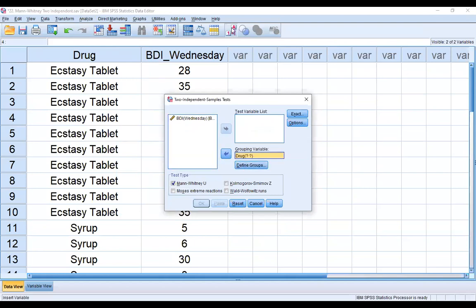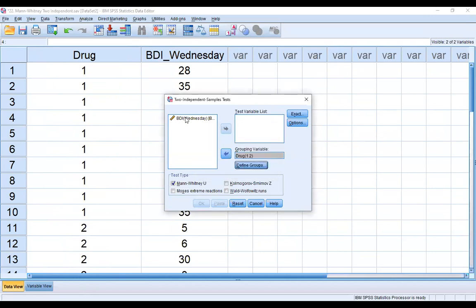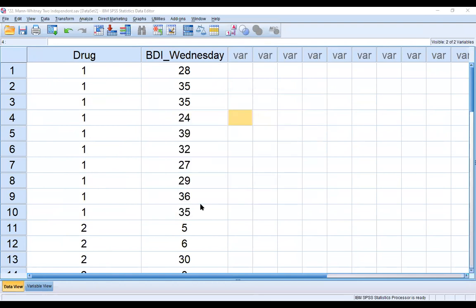Group means the coding. We have coded 1 for the Ecstasy tablet user and 2 for the syrup user, and then continue, and we are transferring this variable here. After transferring this, by default we can see the Mann-Whitney U test, and then okay, and after okay we will obtain the result.